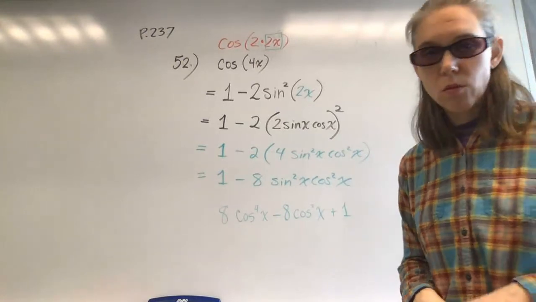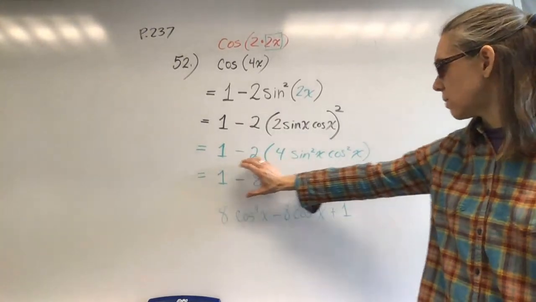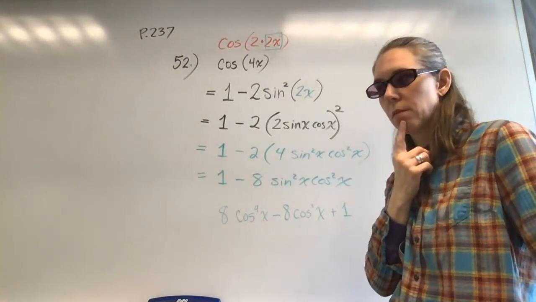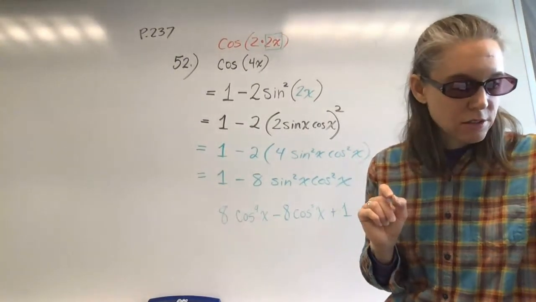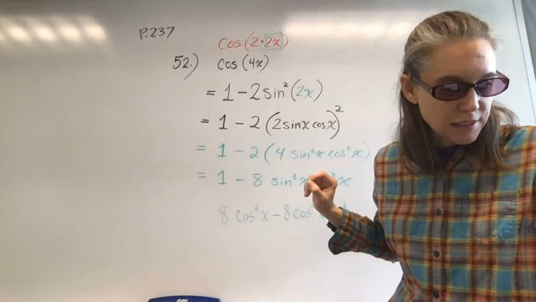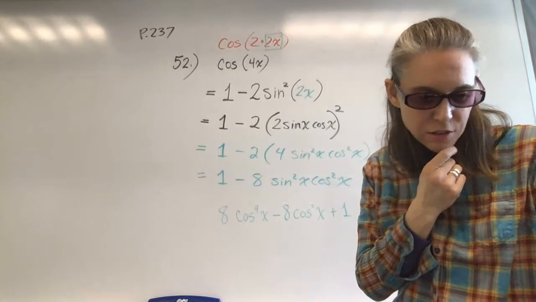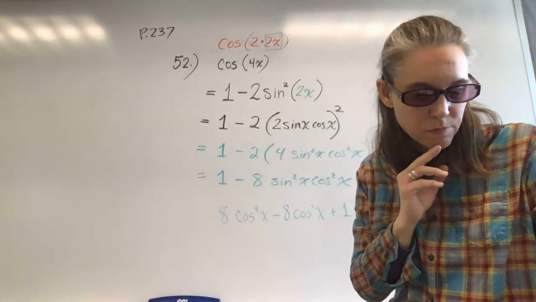Okay, now what I've done here is I've changed it to be in terms of x only, but it has just occurred to me that perhaps I need to go further because I need to get it to be as a single trig function of x. It's a little ambiguous, the directions here.